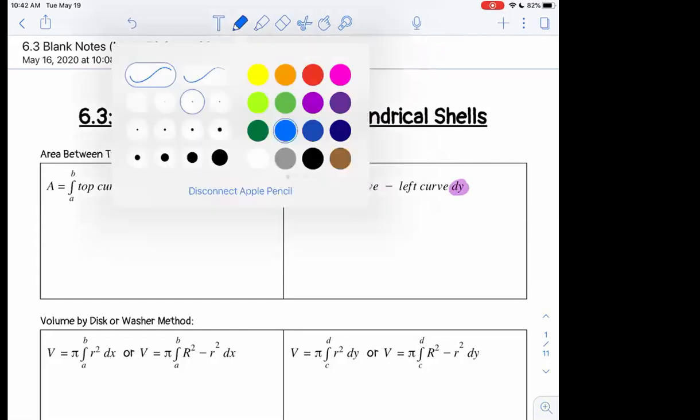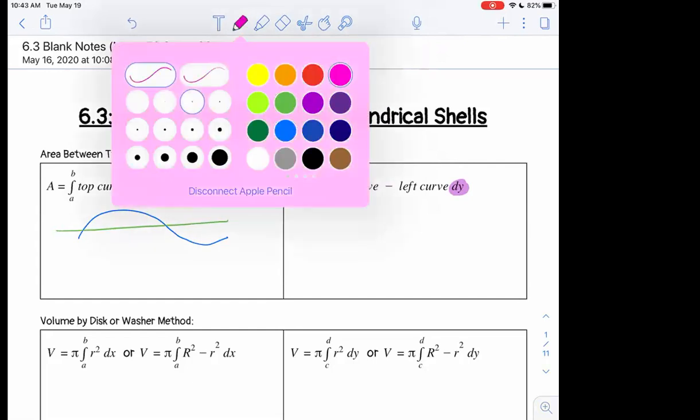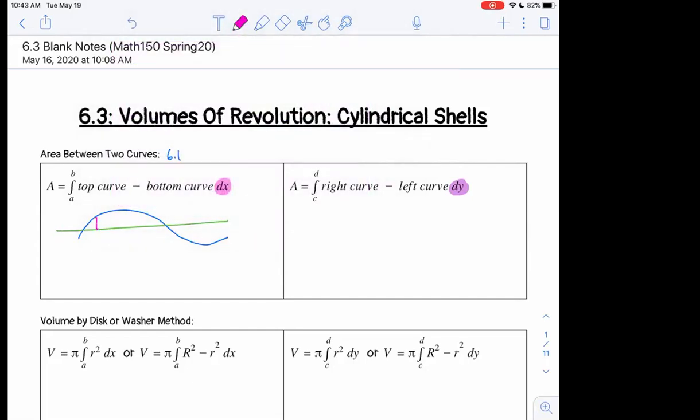A classic dx picture might look something like this, where you have one curve and another curve. You have a region in between them, and you can draw lines that have all the same top and bottom curve.